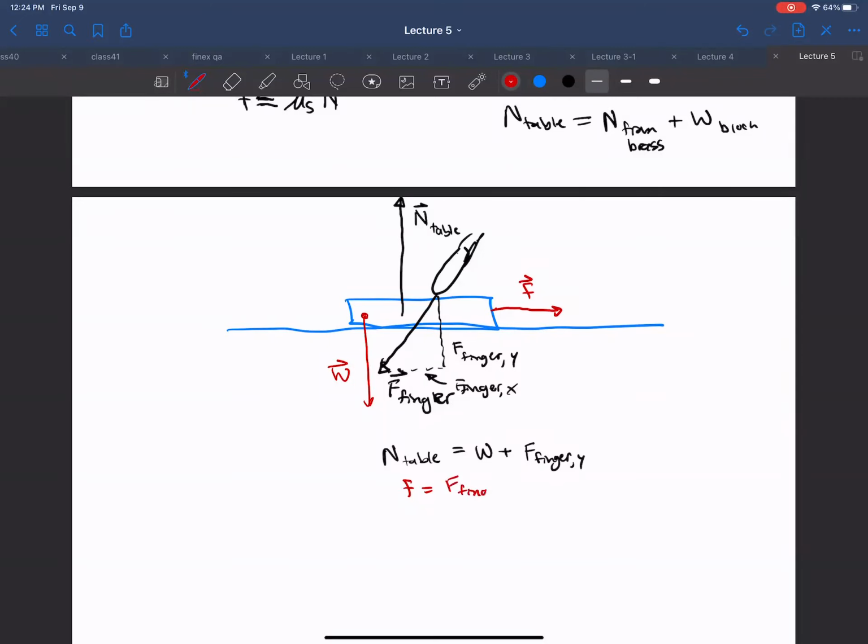Yes, so the frictional force points to the right. And so it's going to be equal in magnitude to the X component of the finger force, which is pointing to the left, so that the net force is still 0. Good questions. All right.